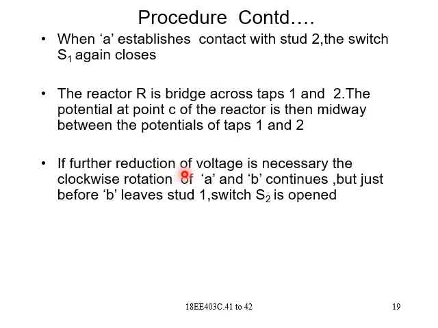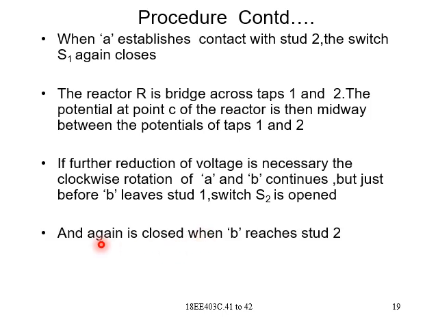If further reduction of voltage is necessary, the clockwise rotation of A and B continues, but just before B leaves stud 1, switch S2 is opened. And again it is closed when B reaches stud 2.